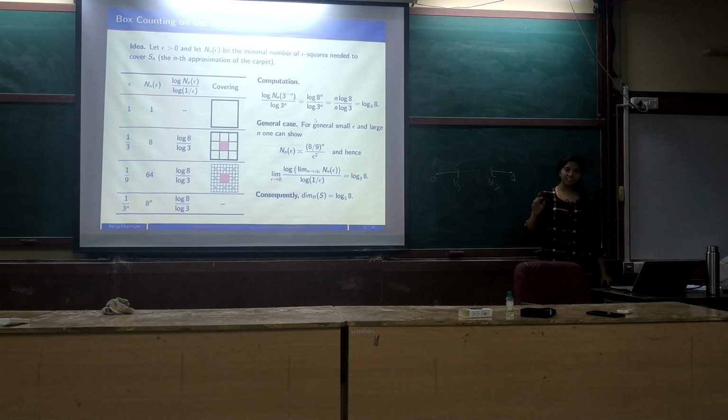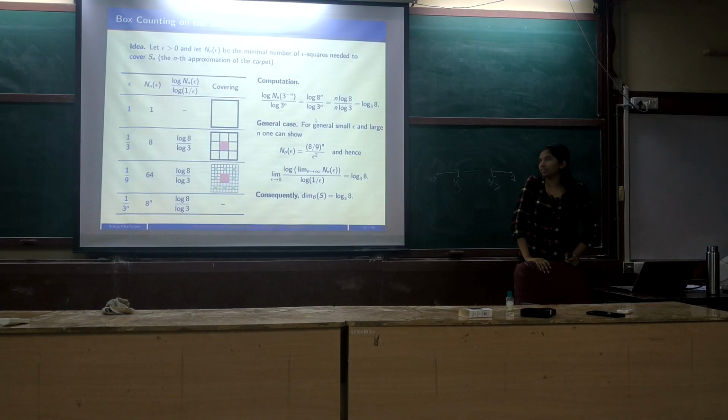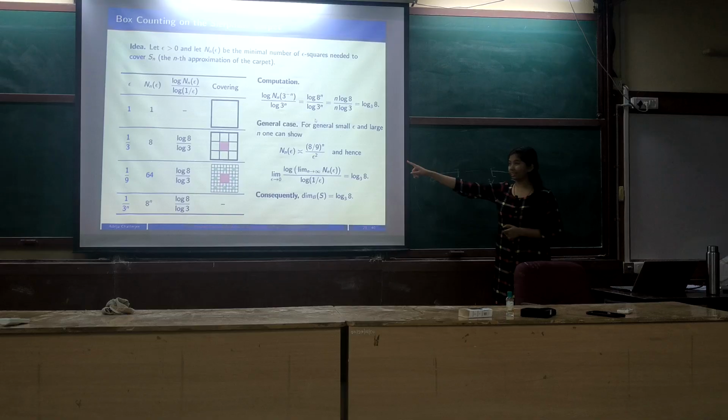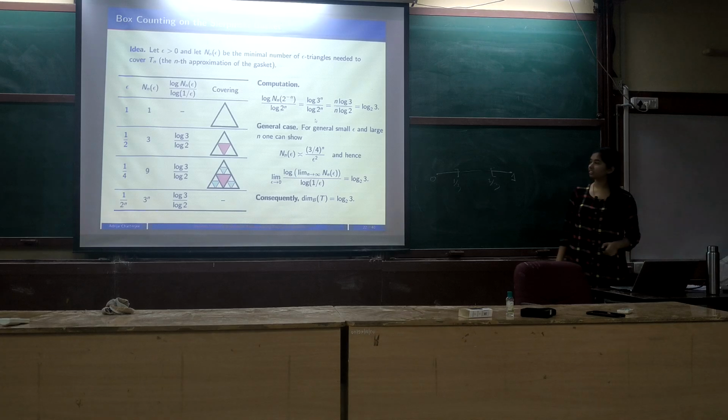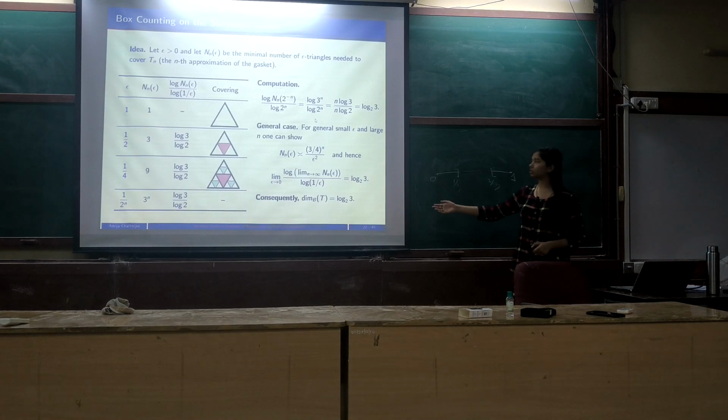So it makes sense that the dimension of a Cantor set will be somewhere between 0 and 1. It's around 0.63 if I am not wrong. And this is the second fractal dimension, which is around 1.89. Similarly for the triangle, your dimension is log 3 base 2 in the same way.